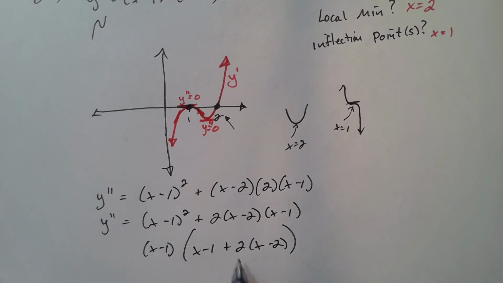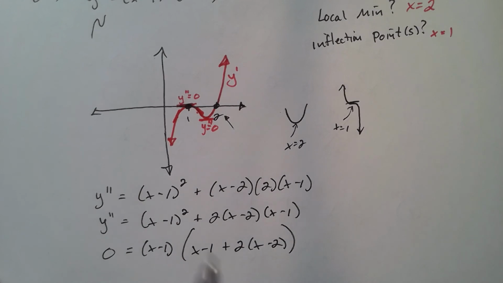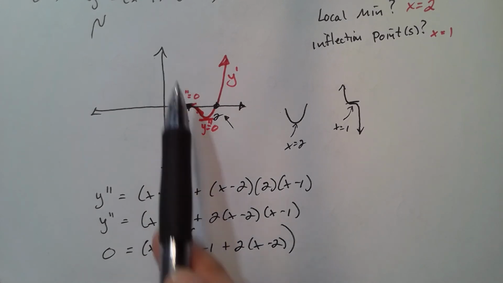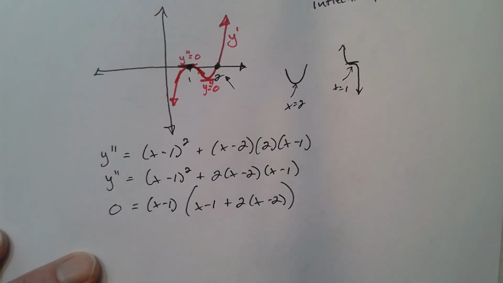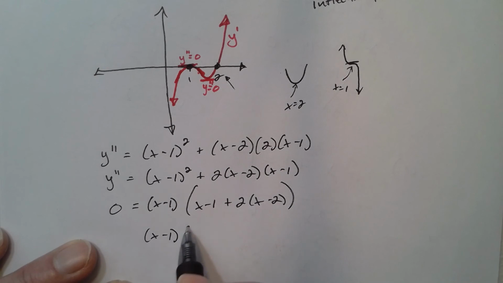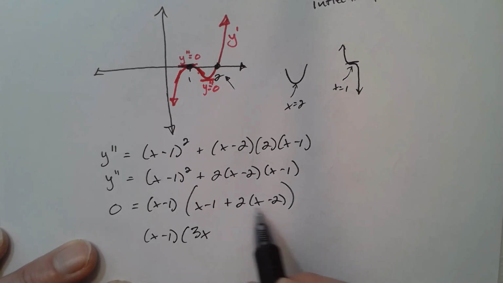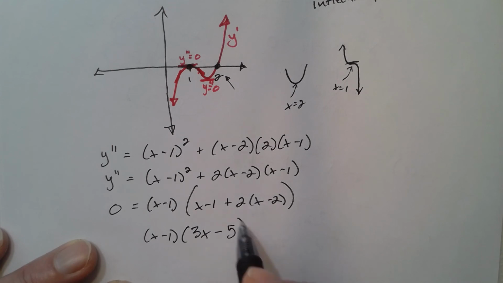So we are still trying to find where the second derivative is 0. That's our goal. We should get 1 as one of our answers because we just concluded that at 1 our second derivative is 0, and you can see that's the factor right there. So (x - 1) times (x plus 2x, that's 3x, minus 1 minus 4, is minus 5).